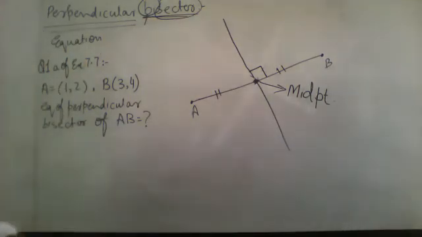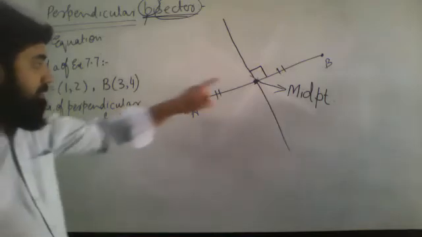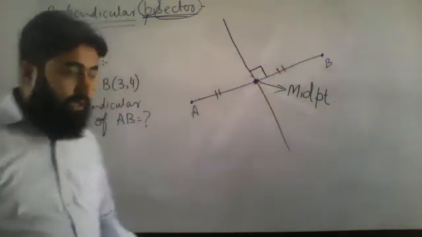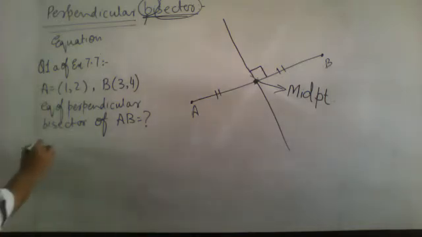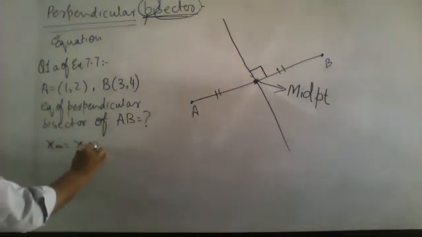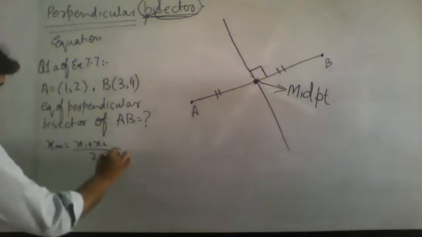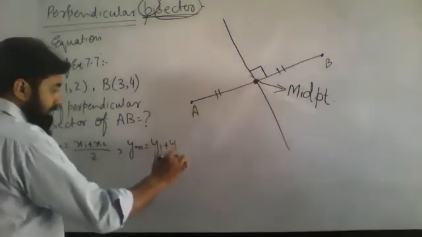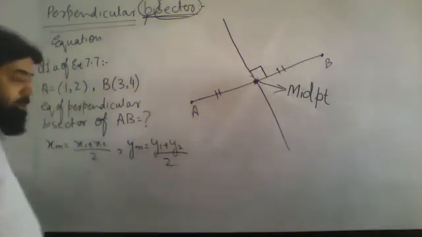So first of all, I am going to find the midpoint of AB. We know that the midpoint formula is xm equals x1 plus x2 divided by 2, and ym equals y1 plus y2 divided by 2.